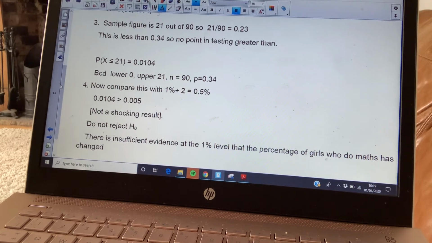Therefore, in this case, the probability isn't small enough to say it's a no-go, it's okay. Therefore, you don't reject the null hypothesis and then you put it back into context. There is insufficient evidence at the 1% level that the percentage of girls who do maths has changed. It's okay, you are not rejecting the null here, despite your figures being quite small.